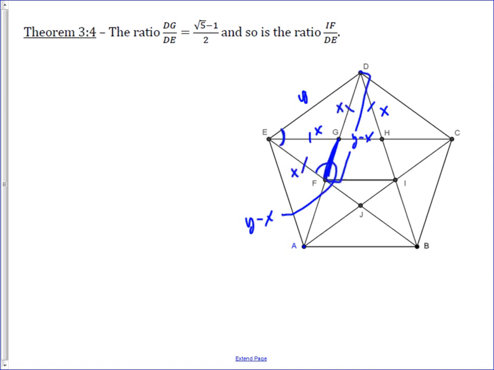And so we have these 3 different measurements, Y, X, and Y minus X.